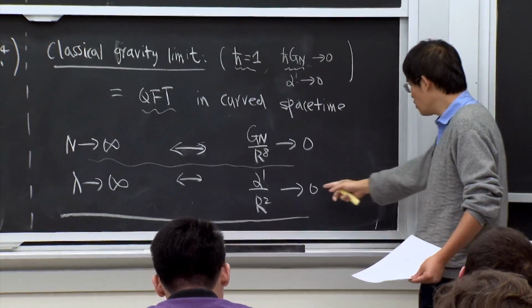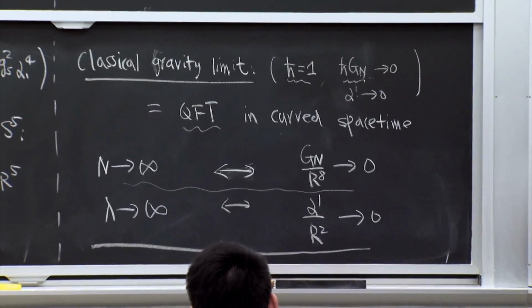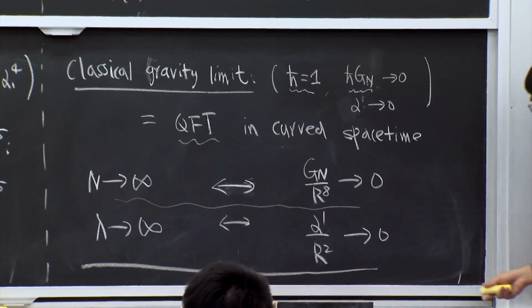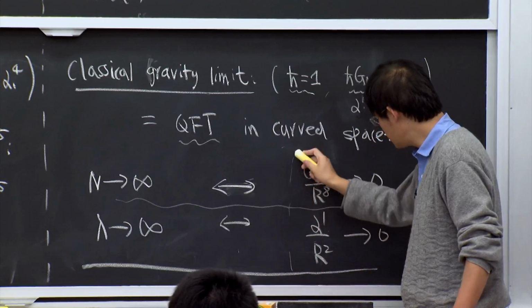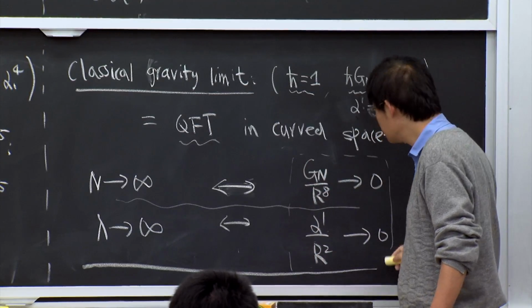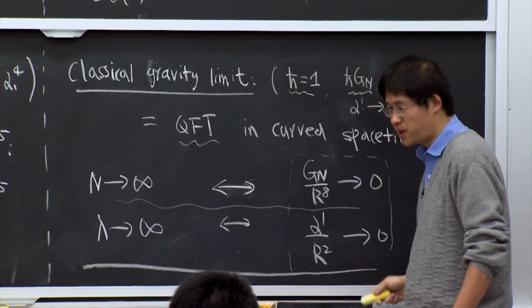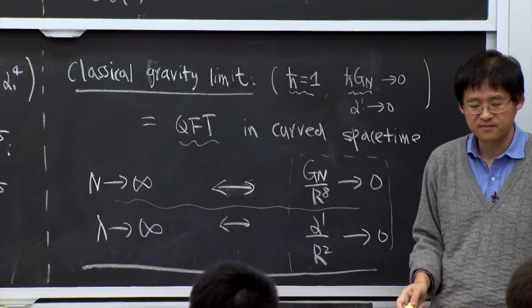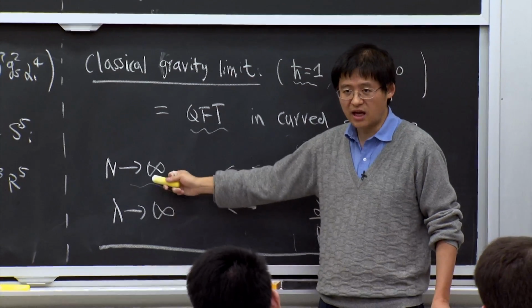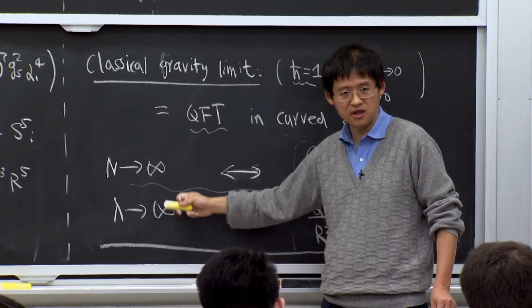This relation is also remarkable for the following reason. Because this limit on the gravity side is simple, we can just deal with quantum field theory in curved space-time, which we know how to do. But on this side, it's highly non-trivial, because this is an infinite coupling limit.